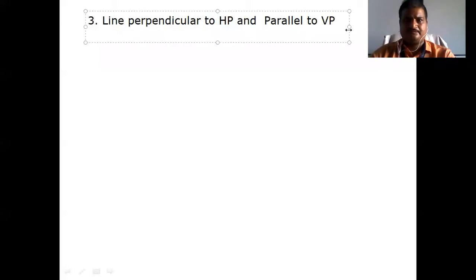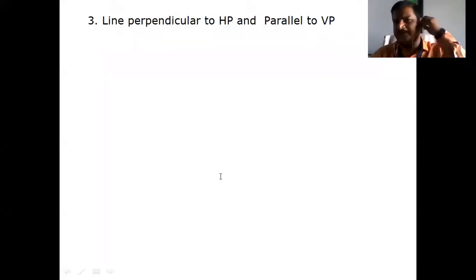Line perpendicular to HP and parallel to the VP. How to draw this line? You will have to start with me. First of all, you will have to draw an XY line.